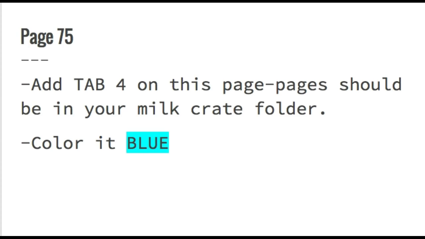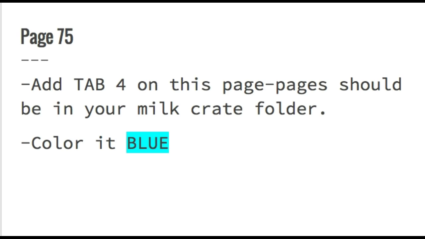All right, the next thing you're going to do is on page 75, you're going to add your fourth tab. So you have a red one for tab 1, a green for tab 2, an orange for tab 3. We are now going to add tab 4. If you're looking for that sheet of paper, it should be in your Milk Crate folder. If you absolutely can't find it, I have a couple copies on the front. Make sure to just put them back up there.